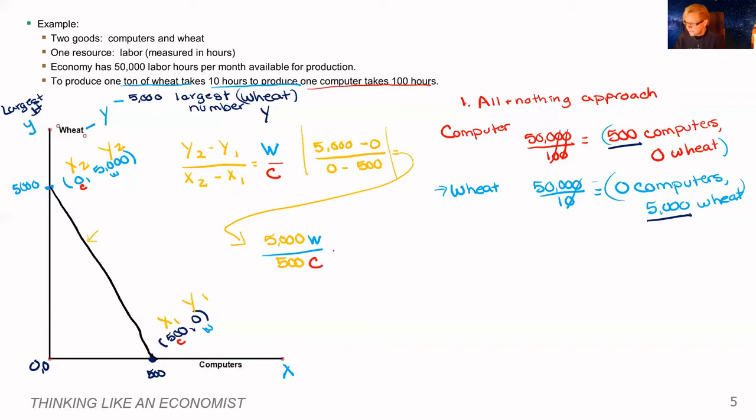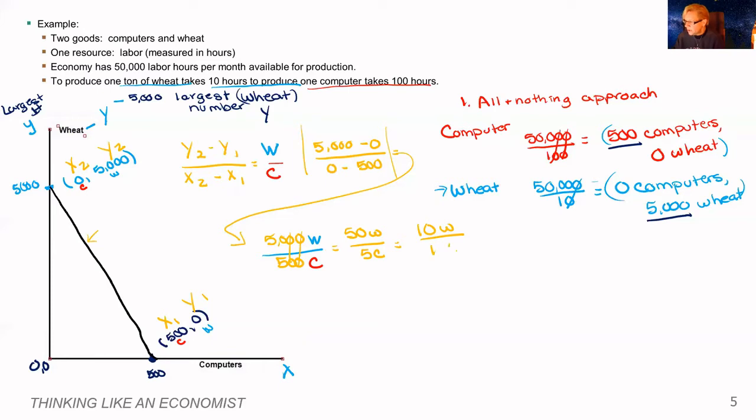So this is in fact a ratio, so I'm going to take it to its simplest form. So those two cancel. I'm left with 50 wheat to 5 computers, which is also equal to 10 wheat to 1 computer.